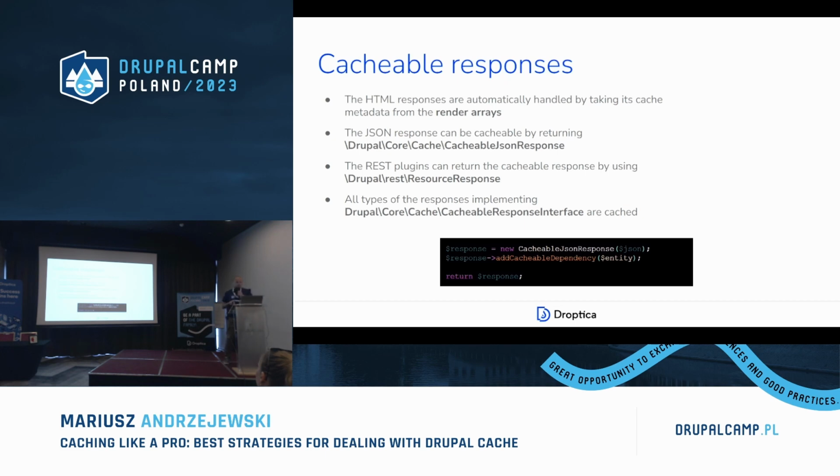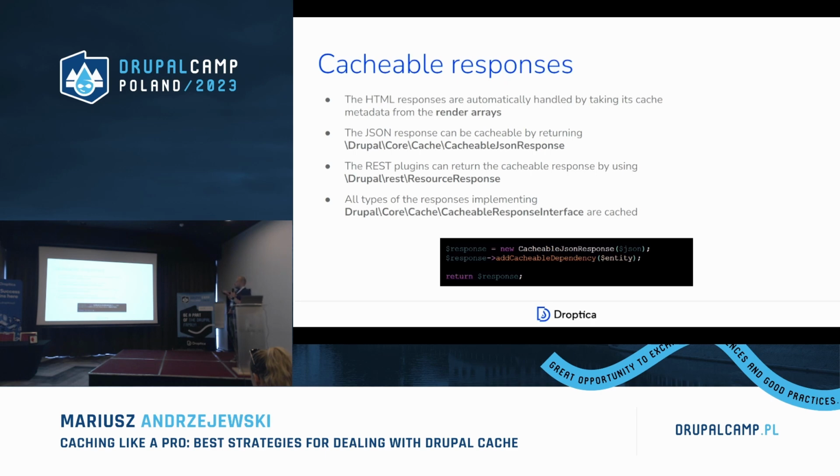We can also take advantage of cacheable responses. So what are these? Basically, this is something that you use in Drupal every day, but you don't actually think about it. When you return a render array from a controller, there is a renderer under the hood, which is calling the cache collector, and it collects all the metadata for your build and handles the cache.